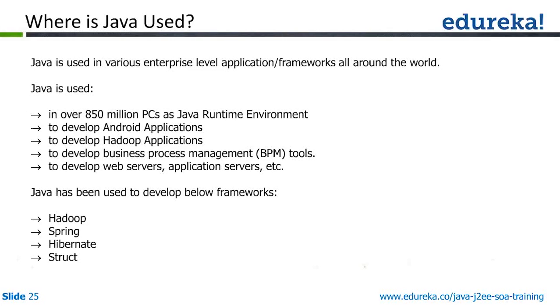And SOA has become one of the main architectural patterns used today. And then, of course, Java is used to develop web servers and application servers. These are used by the Java community to deliver various applications. Coming back to some of the popular frameworks: Android was an operating system, Hadoop is a framework, Spring is another very popular framework.